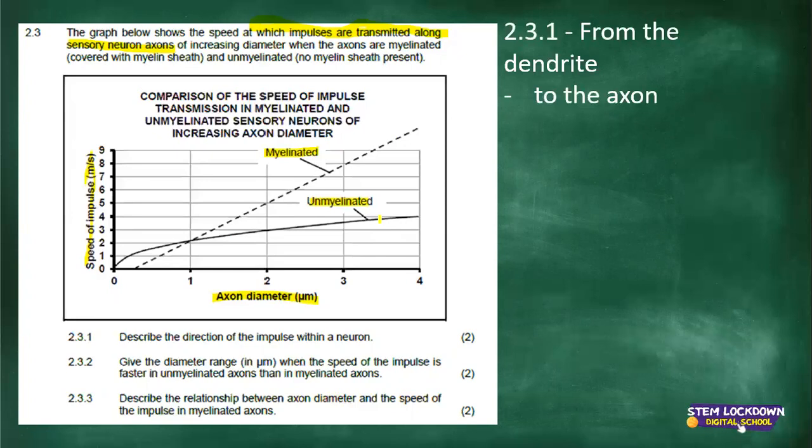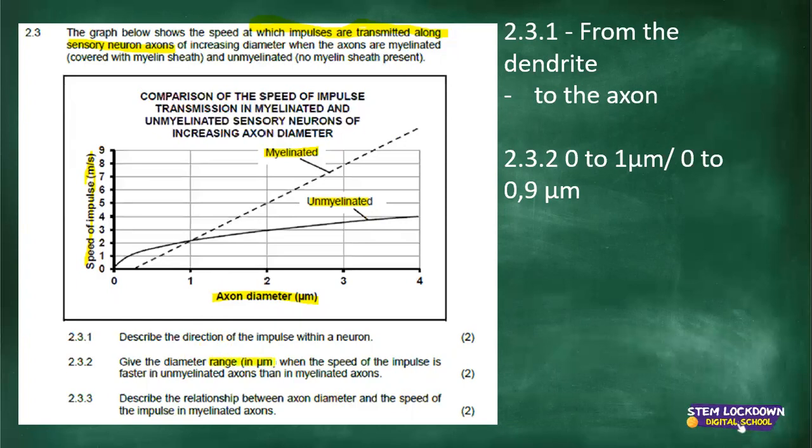2.3.2: give the diameter range in micrometers when the speed of the impulse is faster in unmyelinated axons than in myelinated axons. So we are giving the diameter range. Range is very important here.